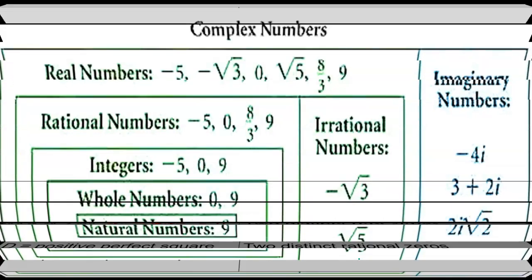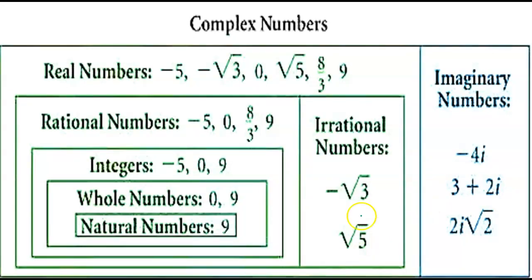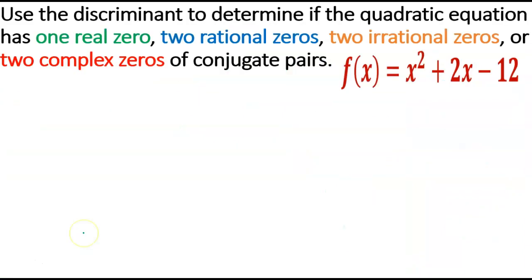Okay, so again, just a recap of imaginary numbers. A complex number is made up of imaginary numbers and real numbers, and apart from the imaginary part, everything else belongs to real numbers.